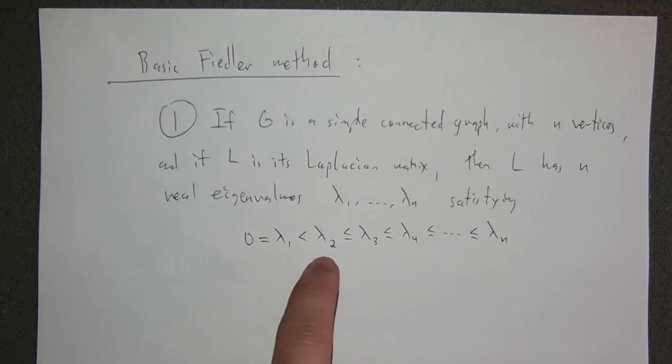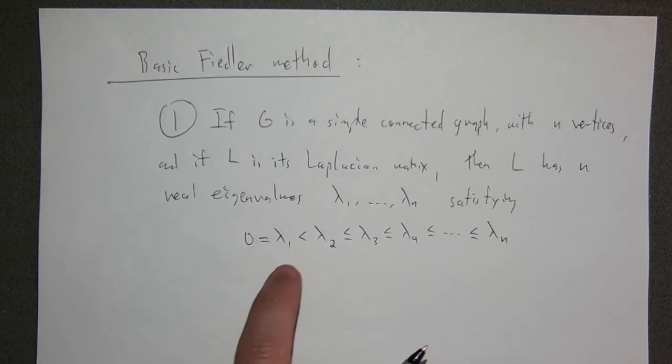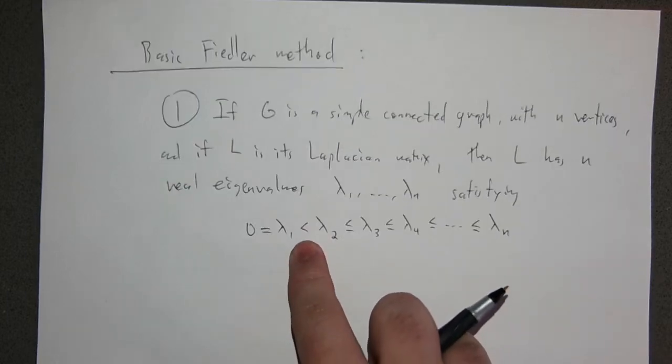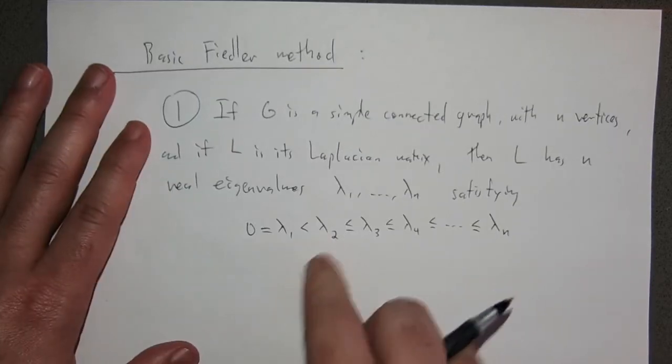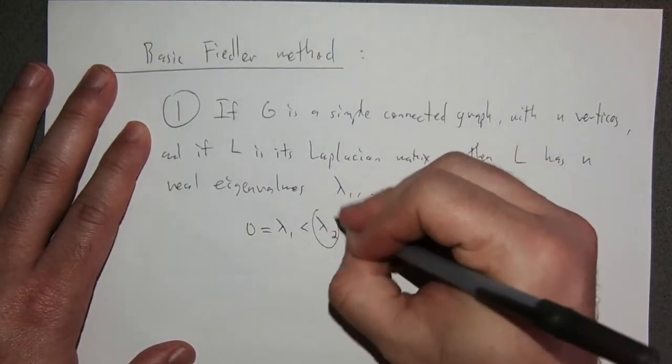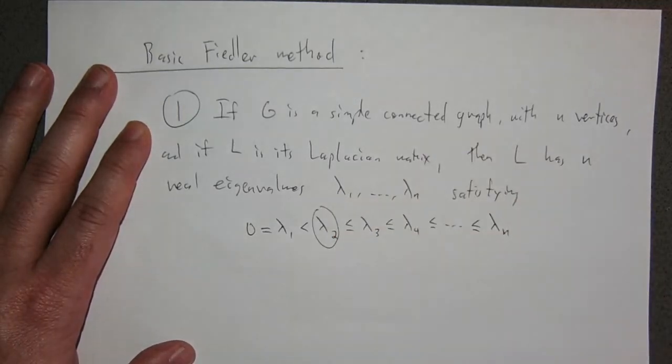The second eigenvalue, labeled like this, in ascending order, is always positive. It is always guaranteed to be strictly bigger than 0. Now the remaining inequalities are inclusive. But this one is not, and that's important, because it's going to turn out that this second eigenvalue has a special name.